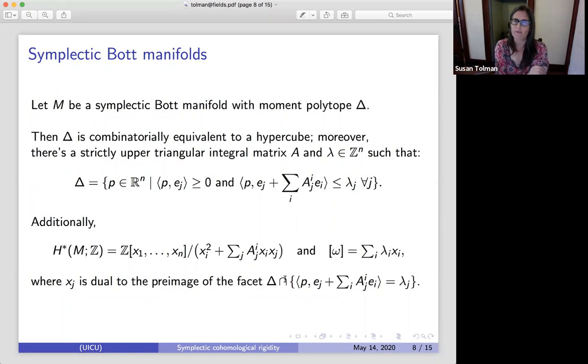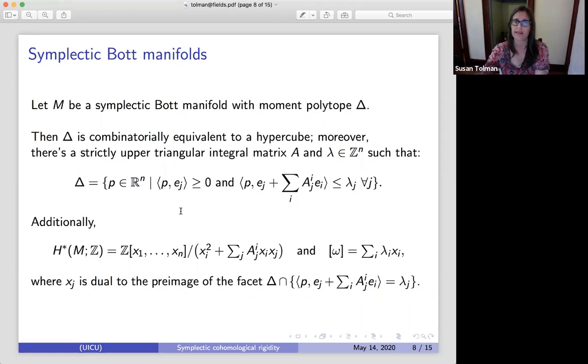So there's always going to be a strictly upper triangular integral matrix A, and a vector lambda in Z^n, such that the polytope delta is given by the set of all p in R^n such that if I pair p with e_j, it's greater than or equal to 0, and if I pair p with e_j plus the sum over i of A_ij e_i, it's less than or equal to lambda_j for all j.